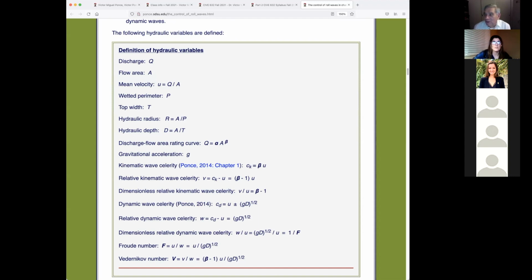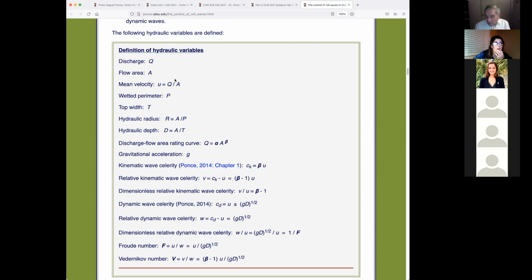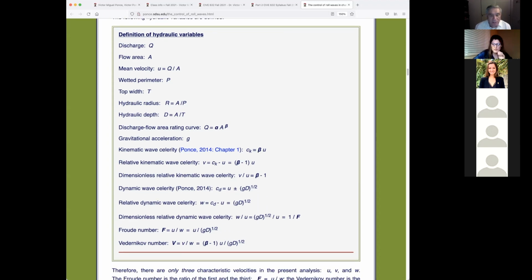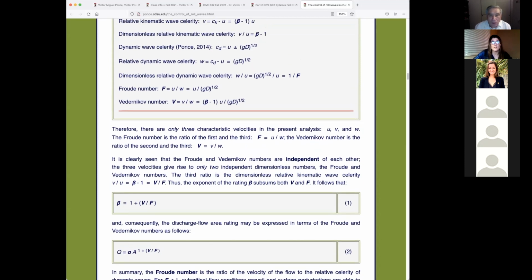Okay, so clarity is important for the propagation of knowledge. That's a fact. Since we are not restrained in here into what we write, we just make it clear. So the definition of hydraulic variables is for the purpose of clarity. In other words, it is for you. Okay, we all know these numbers.